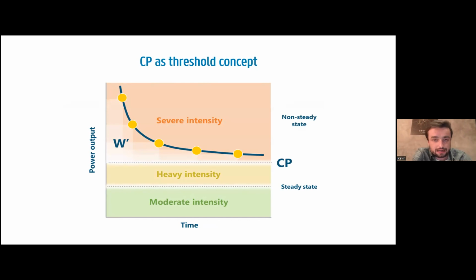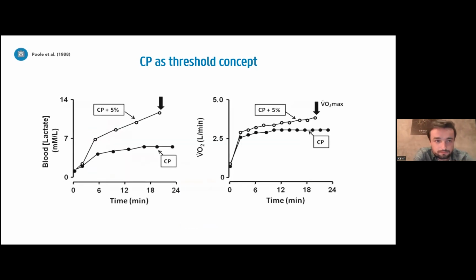To show you that, I can refer to the early publication of Poole and his colleagues, who show that when subjects cycle at critical power, they reach a steady state response in blood lactate and oxygen uptake, which are two parameters that give us a nice reflection of what happens metabolically in our body.